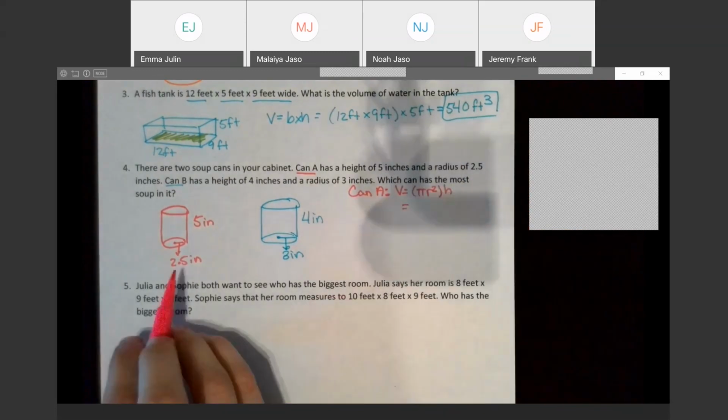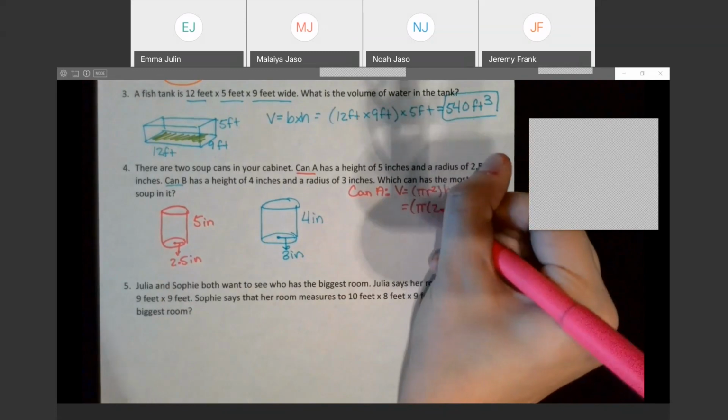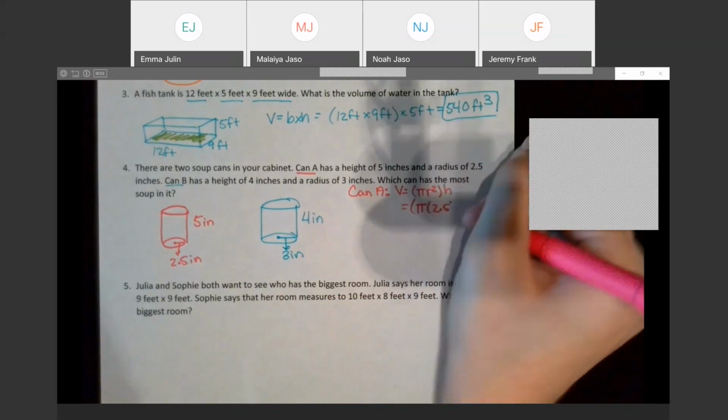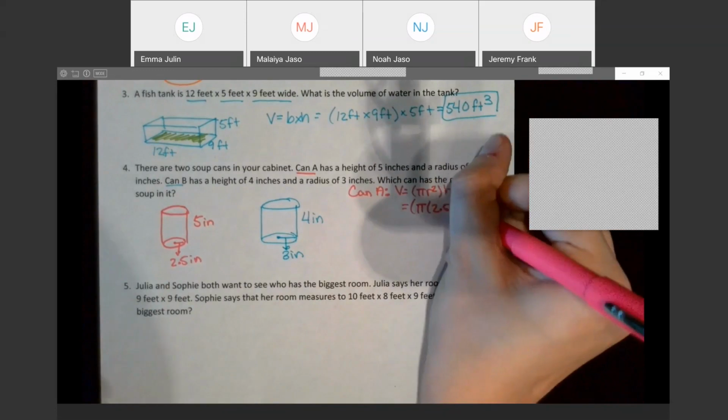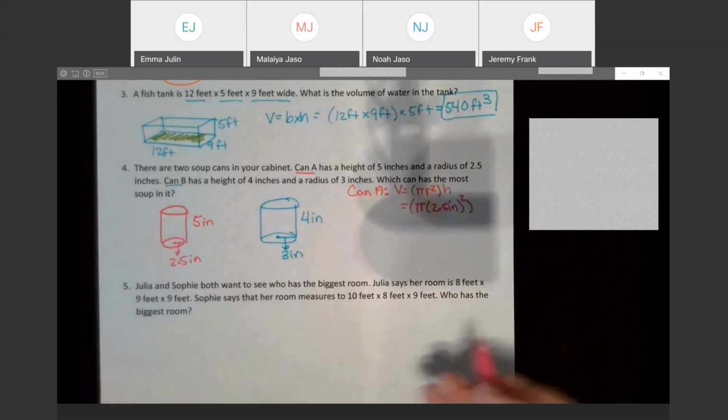Can A, we know that the radius is 2.5, so we'll do pi times 2.5 inches squared, and then we have to multiply by our height, which is 5 inches.